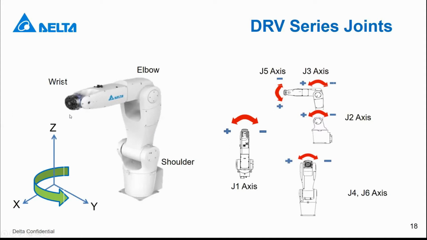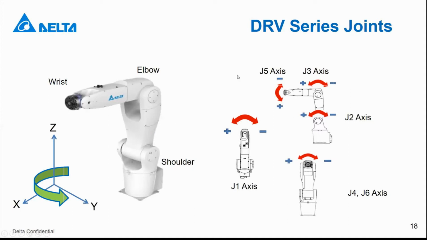This part to attach the tool is the wrist, just like a human wrist. In the middle, connecting the first arm and second arm is the elbow. And on the base part is the shoulder.